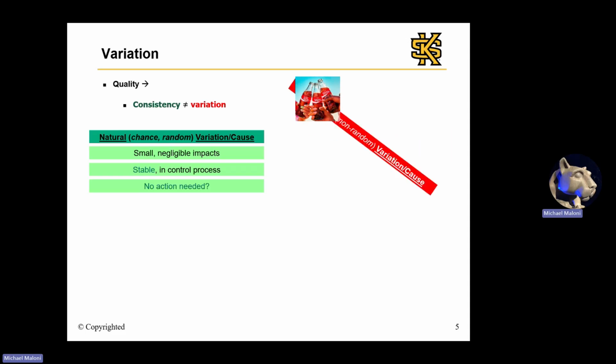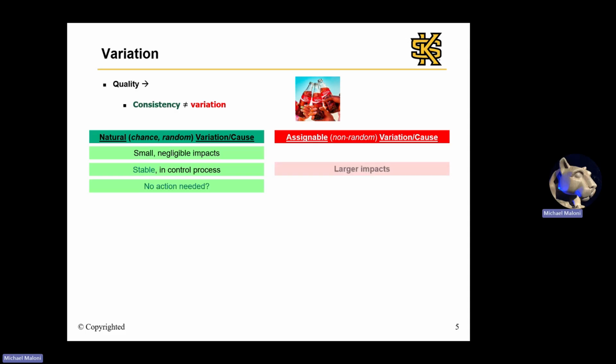In contrast, assignable variation, also called non-random variation, is just that. It's not random. It can be assigned to a specific cause. That is, there's a reason for the variation, and we can fix that reason.